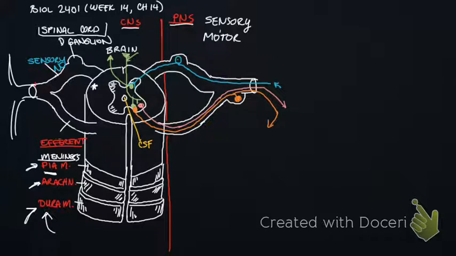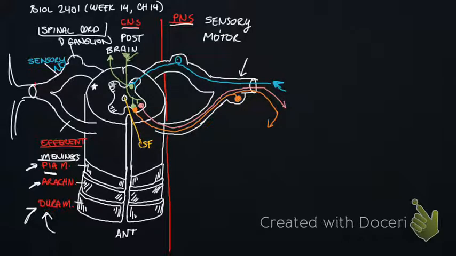So if we were to draw this, I drew here in blue the sensory, taking information into this nerve tract right here. So hopefully you learned the different parts of this. So this would be the posterior side of the spinal cord, and then this would be the anterior side.